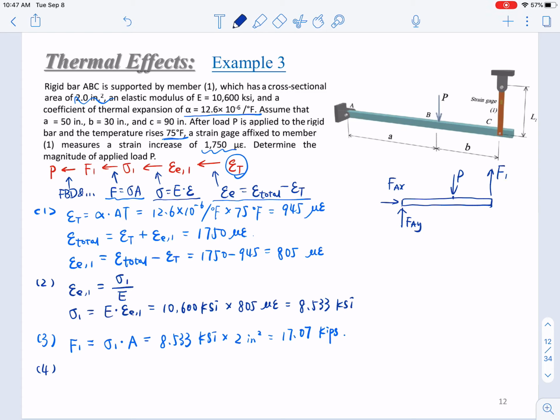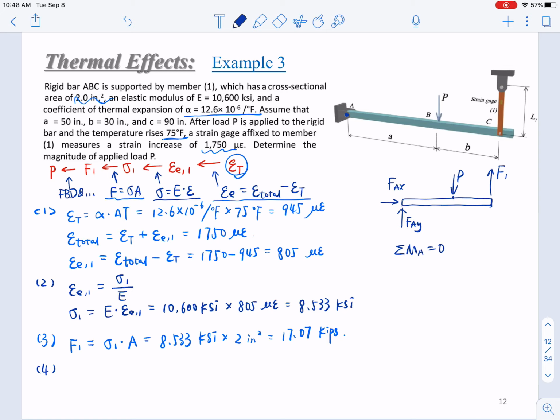Then, of course, you can write 3 equilibrium equations. Sum of Fx equals 0, so you can denote that FAX equals 0. Then sum of Fy equals 0, you can get an equation but not solve it, since it's one equation, 2 unknowns. The third equation will be the sum of moments about point A. If we set MA about point A equals 0, we can solve it directly.